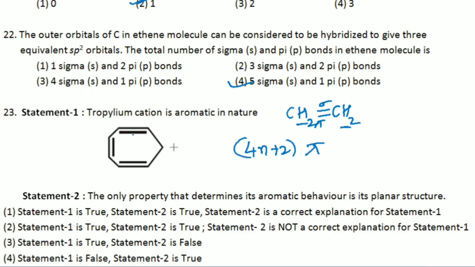So here also it follows 4n plus 2. This is 1 pi, this is 1 pi, and this is 1 pi. So 3 pi bonds, so 6 pi electrons are there. If I take n equal to 1, 6 pi electrons it will follow. Because of that reason statement 1 is correct, no doubt it is aromatic. But second statement is not 100% correct, hence second statement is false. Hence the answer for this question is third option. Statement 1 is true, statement 2 is false.